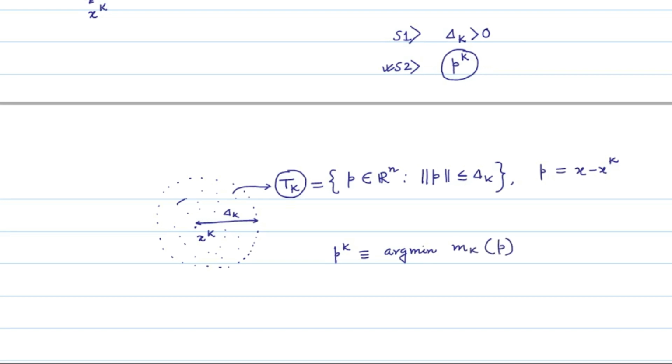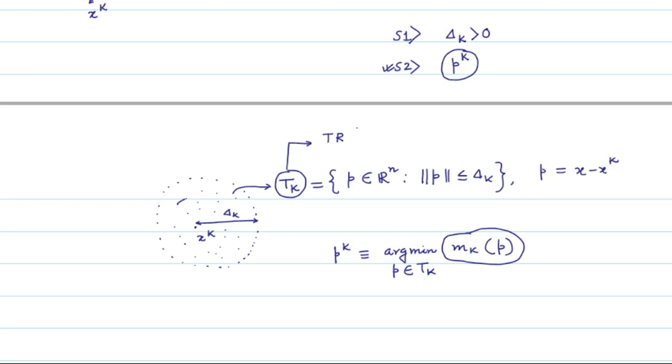which can act as a model to approximate the objective function in the trust region Tk. Now here we notice that this model function can be trusted as an approximation of the function f inside this region Tk, and thus this region Tk is called trust region.